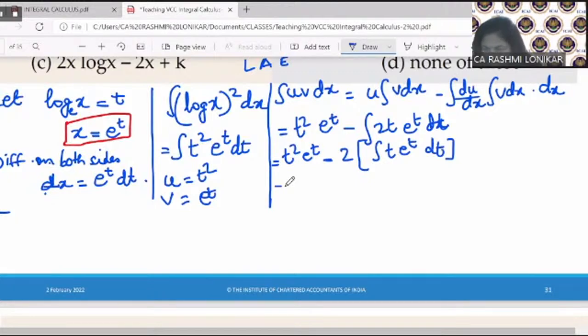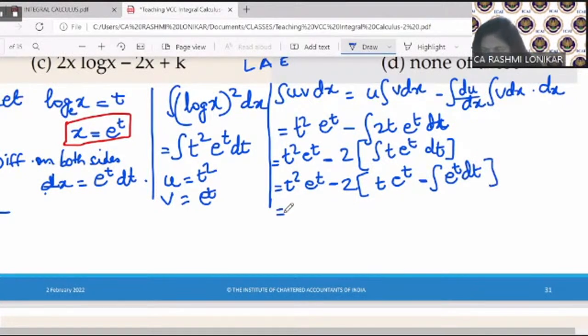which is equal to t square e raised to t minus 2 times first function into integration of second function. So 2t e raised to t, because the integration of e raised to t is e raised to t, minus the integration of the derivative of the first function. The derivative of t is 1, and the integral of e raised to t is e raised to t dt.